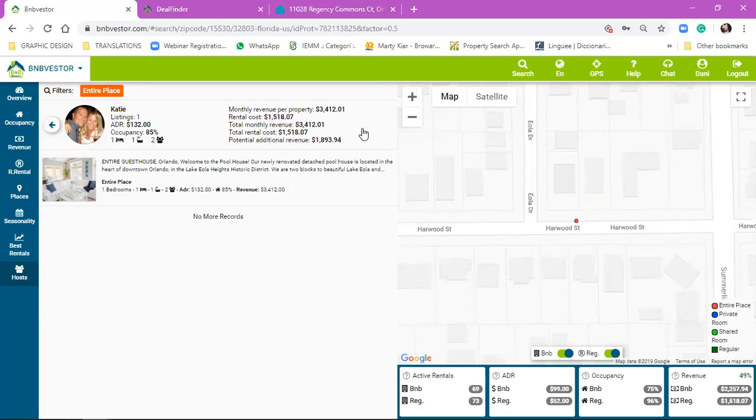She has a property of 1 bedroom, 1 bath, a relatively low average daily rate, and she's getting a very good potential additional revenue, okay? So this is it for this example.